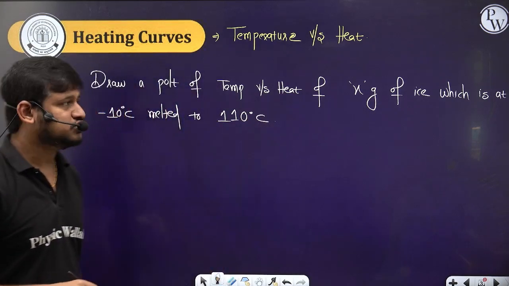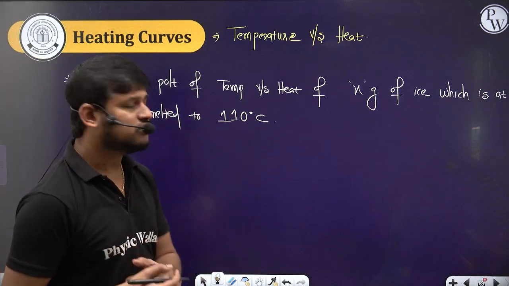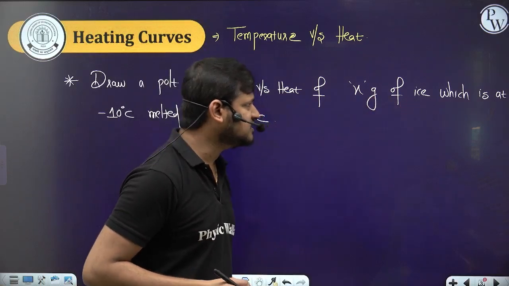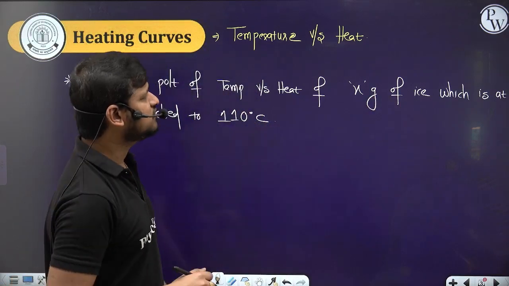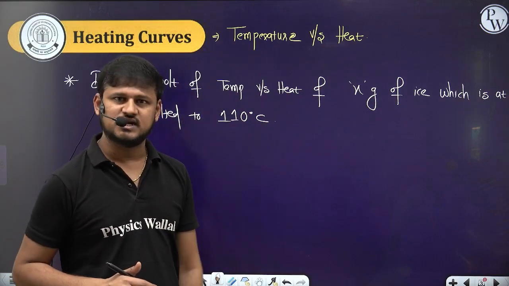Okay, chalo. So this is the concept, and the question is given. Now you have to draw the plot of temperature versus heat of x grams of ice, some mass of ice, which is at minus 10 degrees centigrade and melted to 110 degrees centigrade.